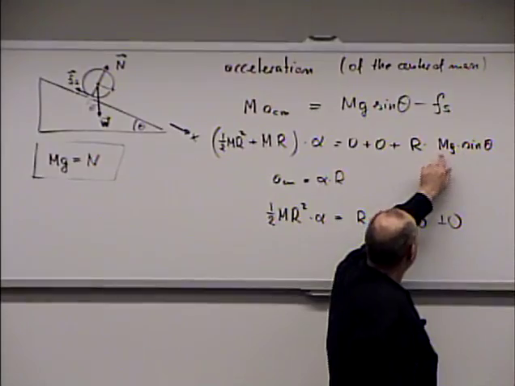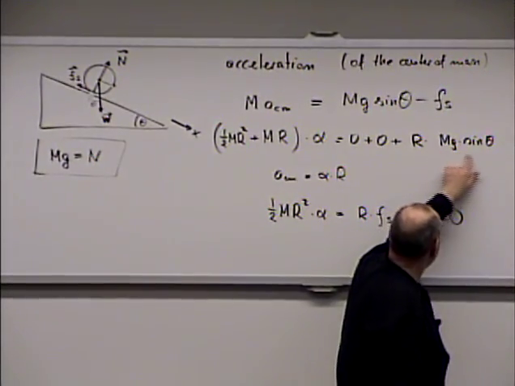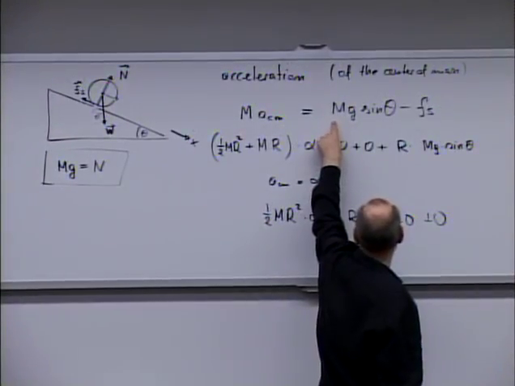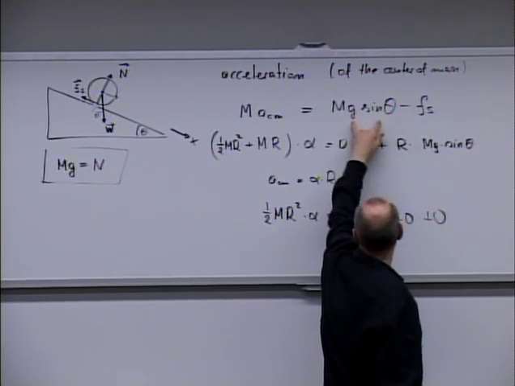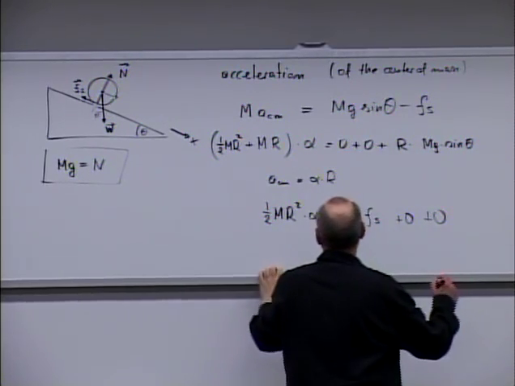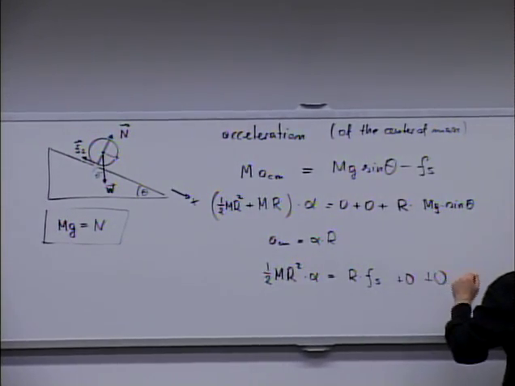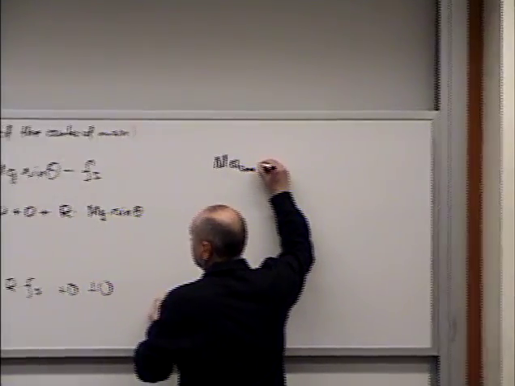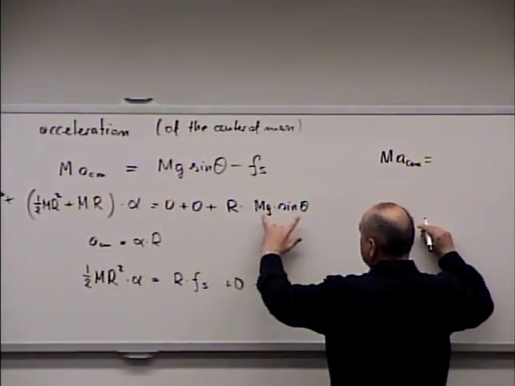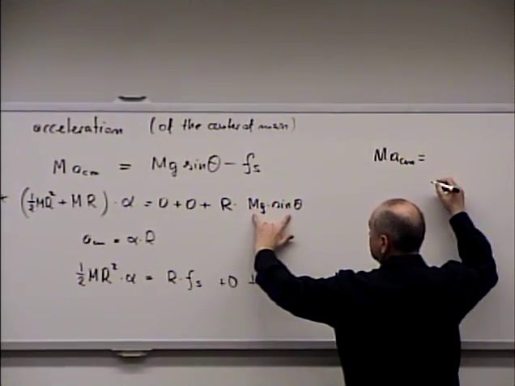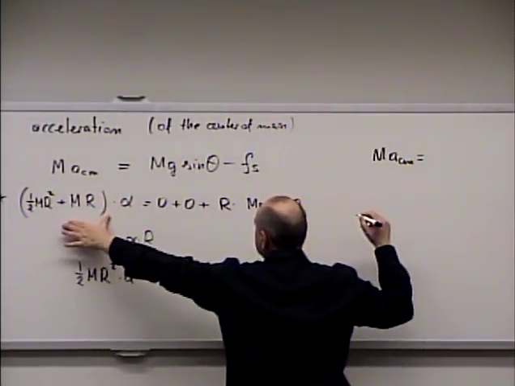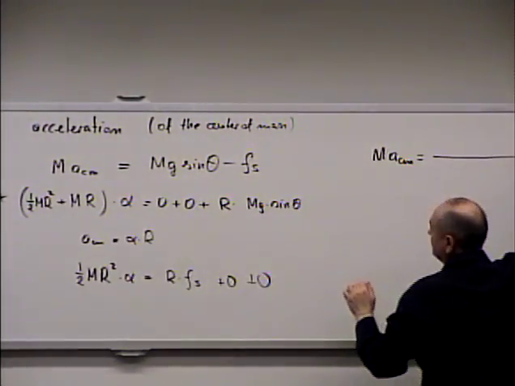All right, how about if we take these two equations? If I have this expression and this expression over here, I can substitute over there. So I will have mass times acceleration of the center of mass is equal to, and now instead of this expression, I will put this expression divided by r.